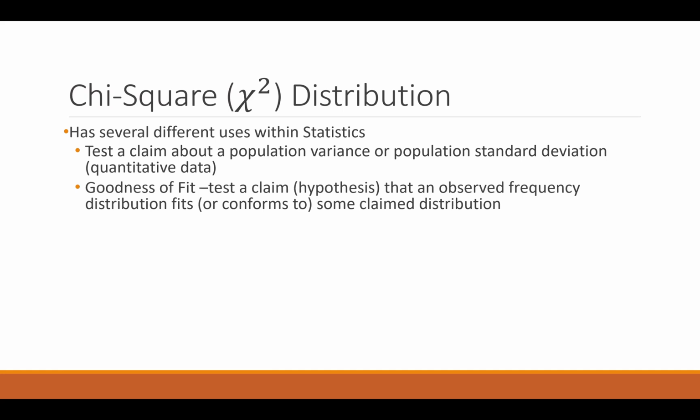The second one is called goodness of fit. And one of the reasons we talk about goodness of fit and the test of independence and the test of homogeneity is they are tests that can be used with qualitative data. Remember, we talked way back at the beginning of the term that we have 2 types of data.